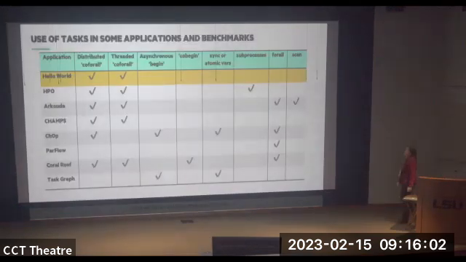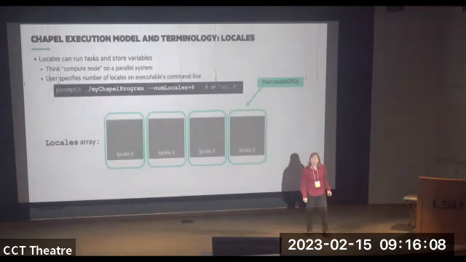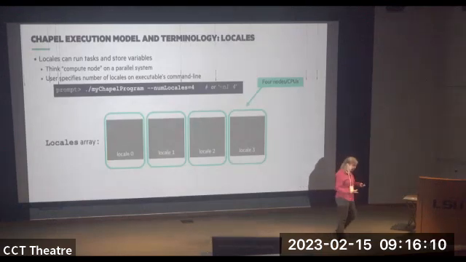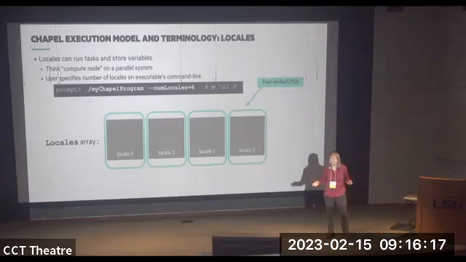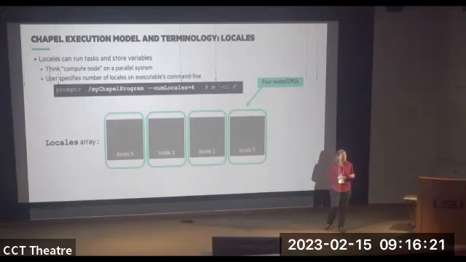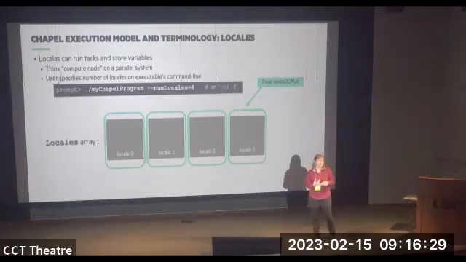Okay, great. So let's start out with our hello world. Let's first talk about this idea of a locale in Chapel and what the execution model is in Chapel. A locale is a first-class concept in Chapel, something that you can run tasks on and you can store variables on.